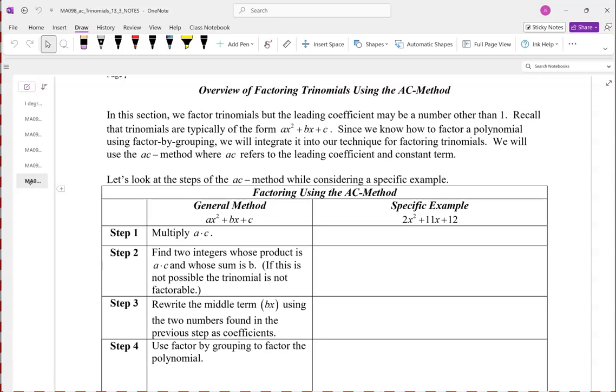Okay? So the first step in doing your AC method is take the leading coefficient and the constant term and multiply them together. So that's step 1. Okay? So we do 2 times 12 gives us 24.